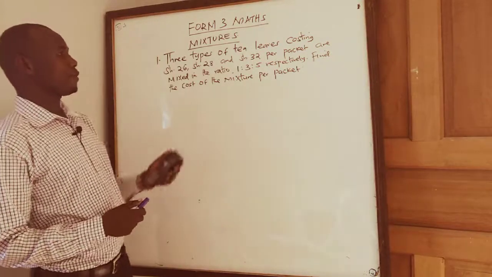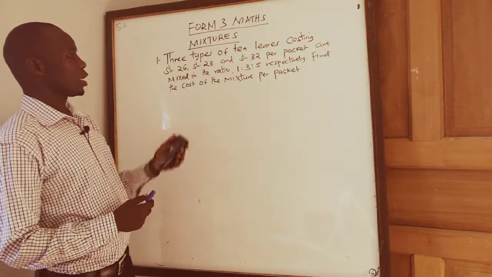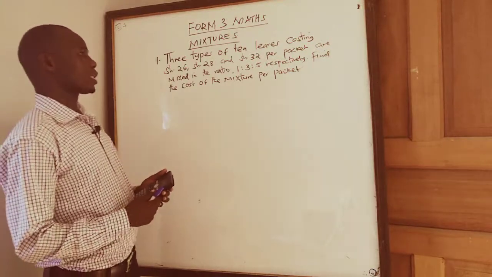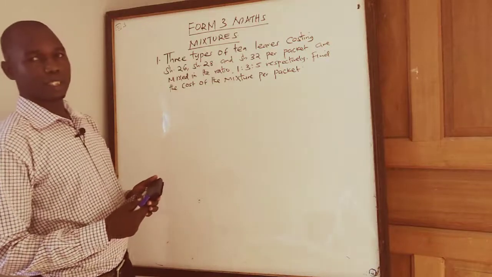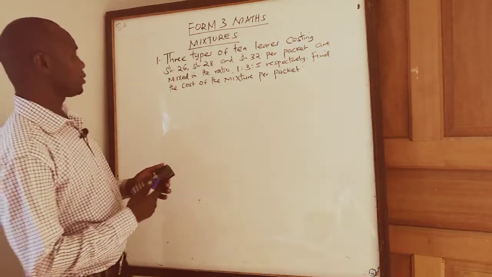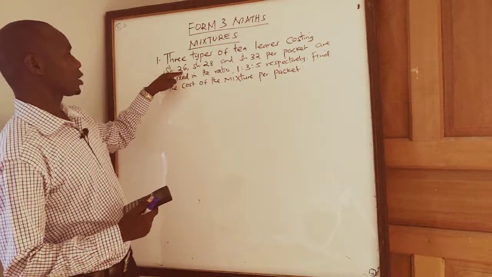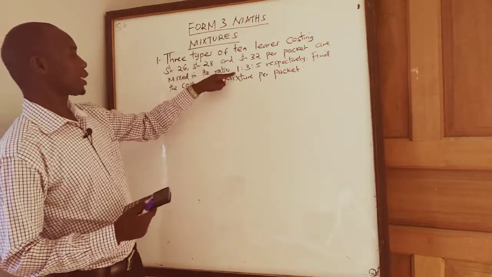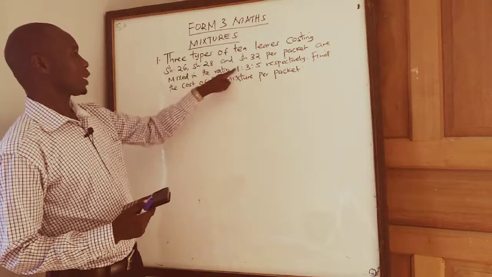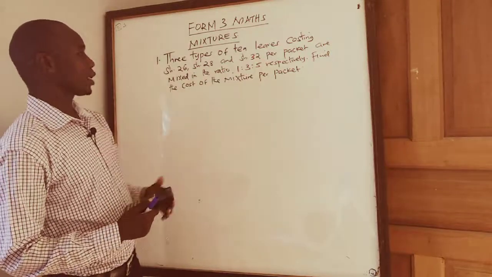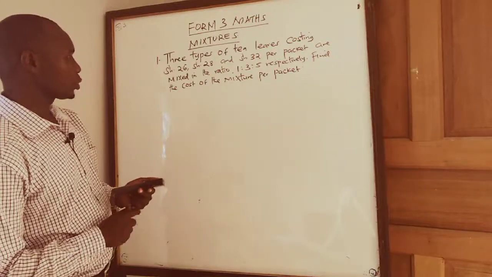When you have been given the ratio in which these 3 types of tea are mixed, the ratio represents the number of packets for each brand. It means for the packet costing 26 bob, we bought 1 packet, then 3 packets for the one costing 28 and 5 packets for the one costing 32 shillings.